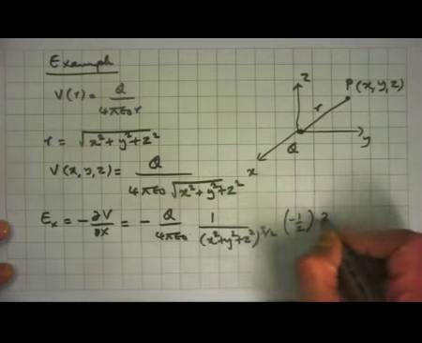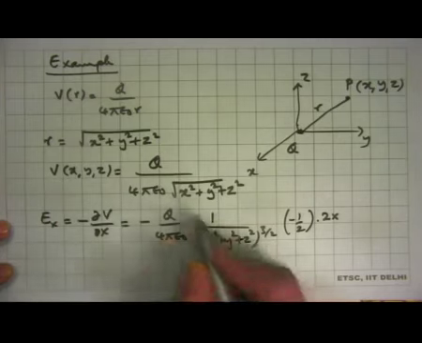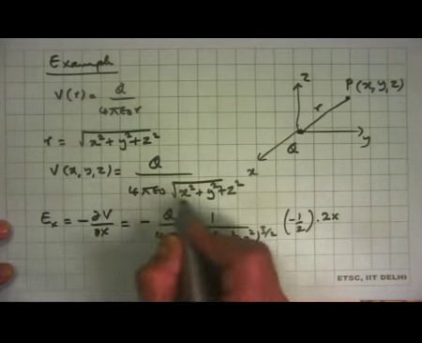So, you must be able to differentiate this quantity, which is 1 by r. So, 3 by 2 raised to the power of 3 by 2 of x square plus y square plus z square into minus half into 2 x, which is actually q by 4 pi epsilon 0 into, I will write this as, x square plus y square plus z square into x by square root of x square plus y square plus z square.